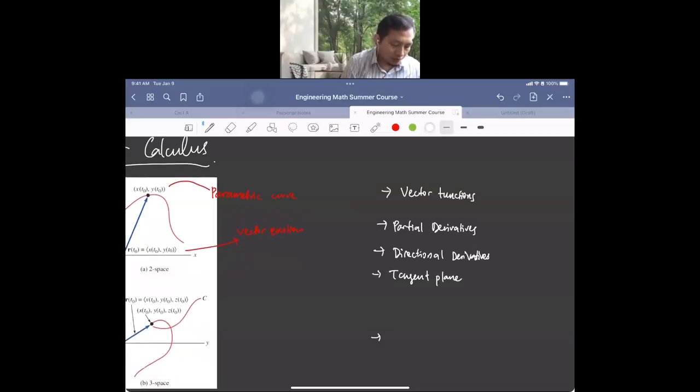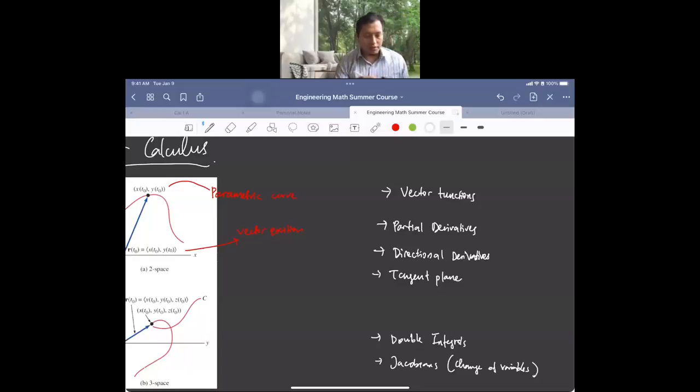The second part is the double integrals, right? We have learned this before. The double integrals, the Jacobians, the change of variable. At least these are some of the ideas from calculus 2 that you need to look at for vector calculus.